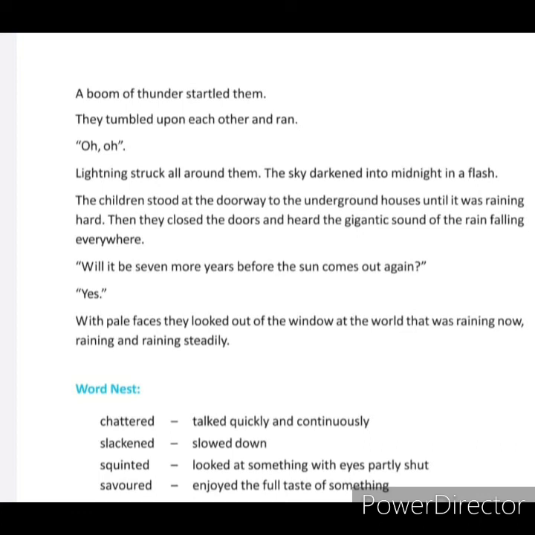Will it be 7 more years before the sun comes out again? Yes. With pale faces, they looked out of the window at the world that was raining now, raining and raining steadily.